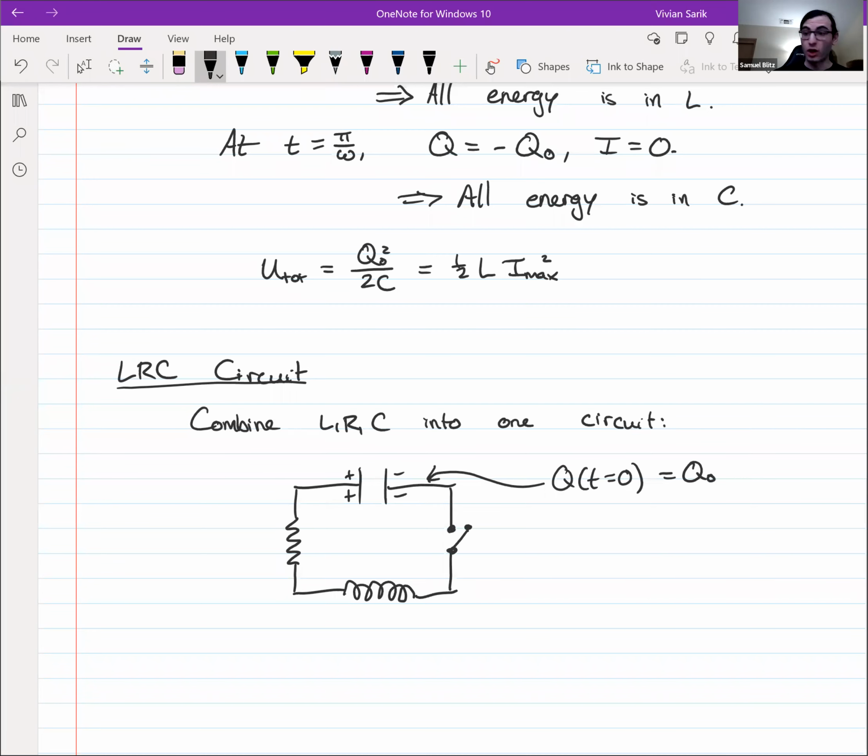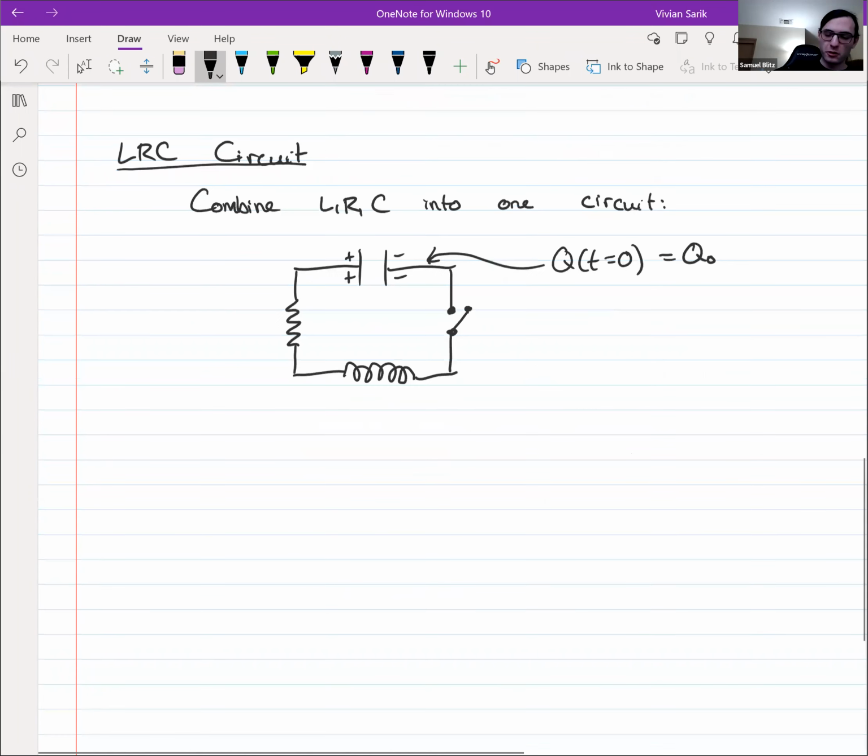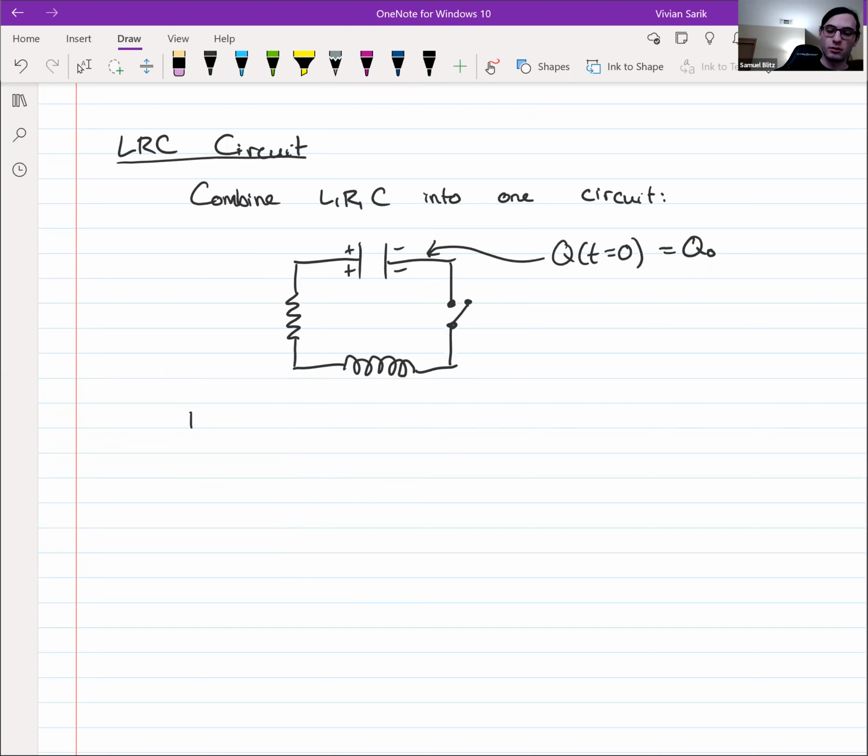So we have to use Kirchhoff's loop rule. Again, we're just going to make the same assumptions that we did before. We're going to assume that the current flows counterclockwise, and we're going to go through our loop counterclockwise. We have L, R, and C. And so we can just write out the equation.